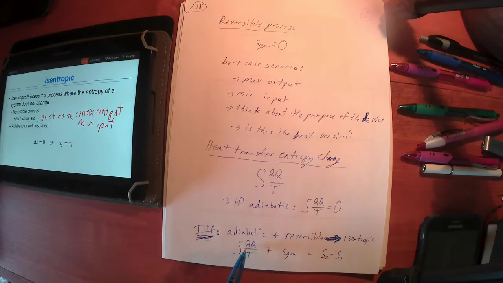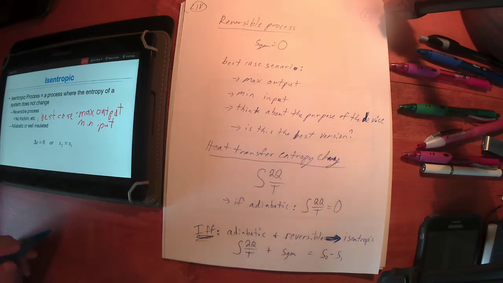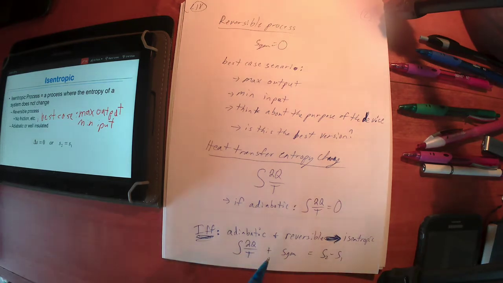If we lose heat, so this is negative and it's equal and opposite of this, then they could sum up to be 0 and it could still be isentropic. I would say it's a special case, but it's really not. We can see this with a lot of steady flow devices. So it's not at all impossible to have both be non-zero and have an entropy change of 0. Just be aware of that.